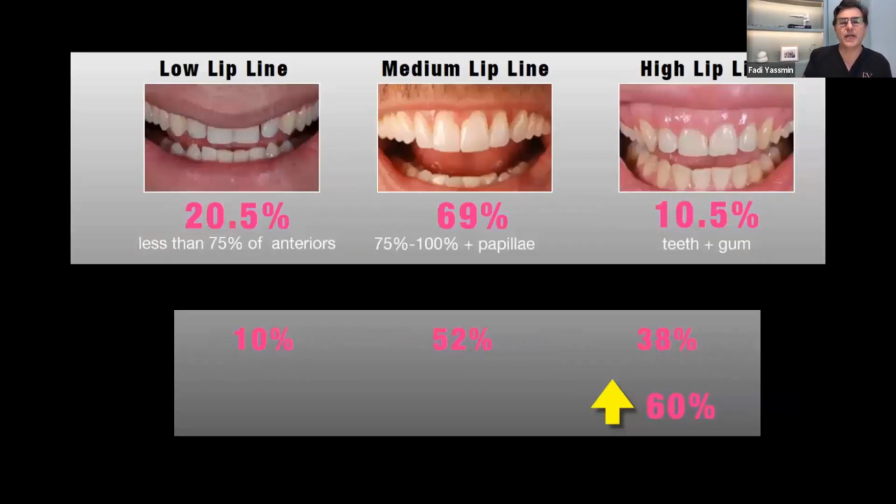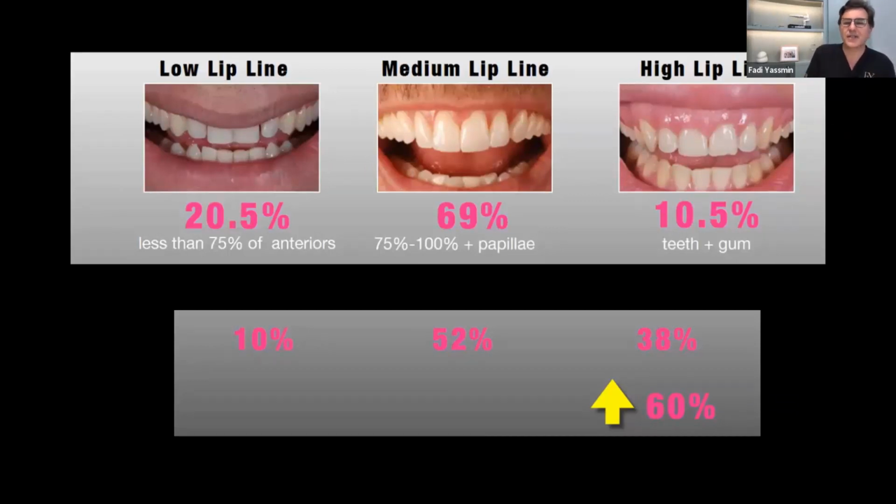Another important factor is assessing lip lines. I know as dentists, we're always looking at high lip line or a gummy smile, and often most patients are concerned about these things. And I remember as a young dentist, it was always, oh, I don't have to worry because the patient doesn't have a gummy smile.